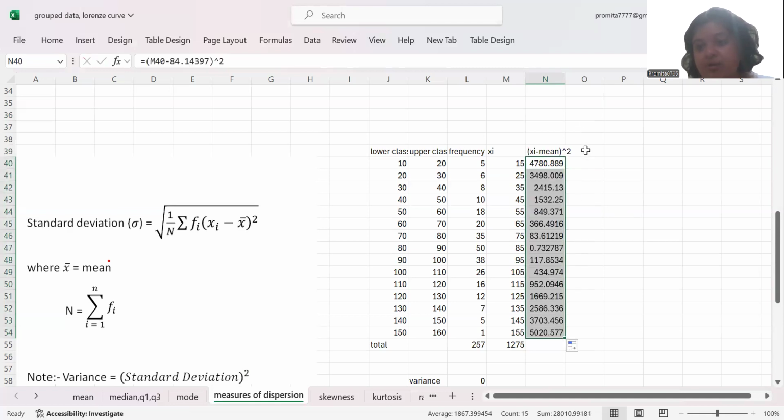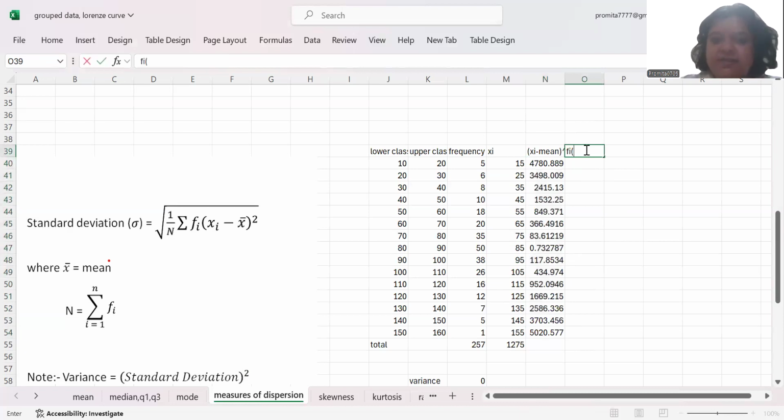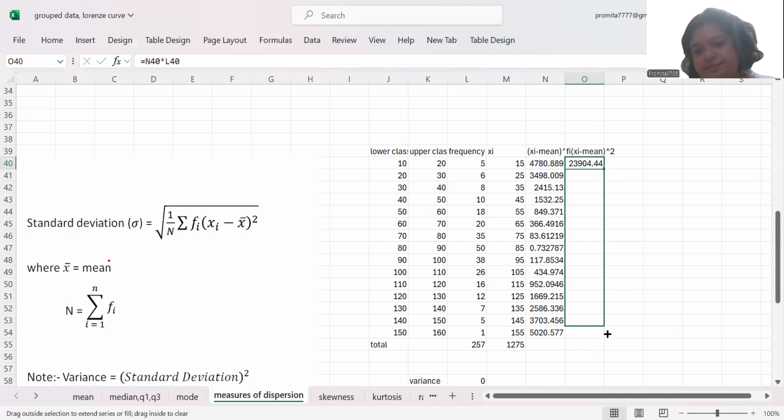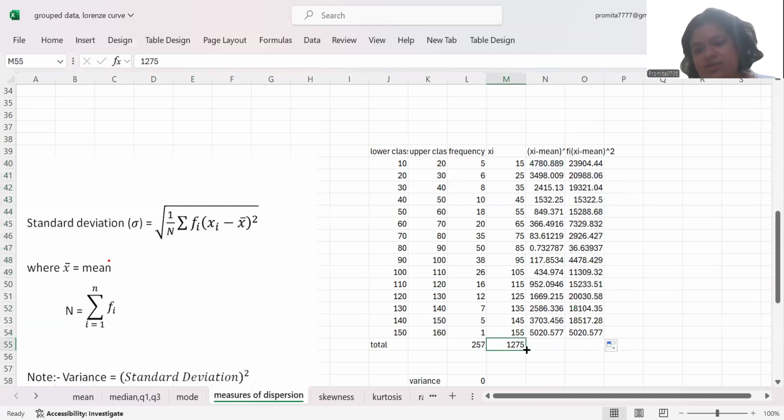Then we drag and drop. And next I calculate fi into xi minus mean whole square. So this is basically this into the corresponding frequency. And then we calculate the total. So summation fi into xi minus x bar whole square is 1245.